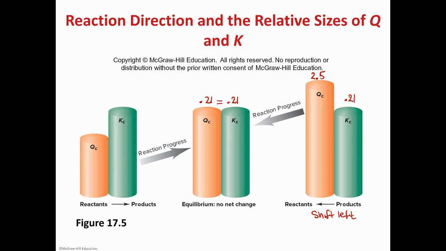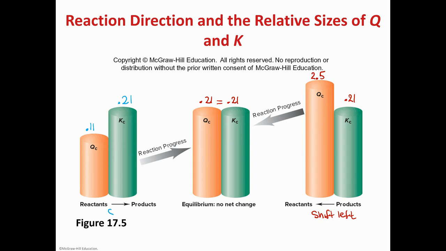So I do really like this graphic because it tries to give you a visual of that shifting to the left. Now, I know we didn't do a problem like this, but let's pretend that we did and that we ended up in a scenario where the Q ended up being, I don't know, 0.11 compared to 0.21. Same reaction. You see how that means that you don't have enough product, right?